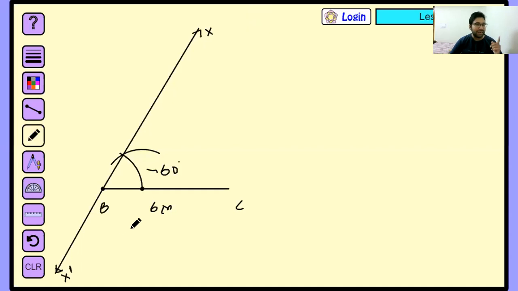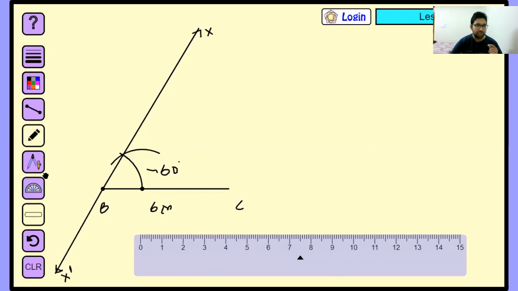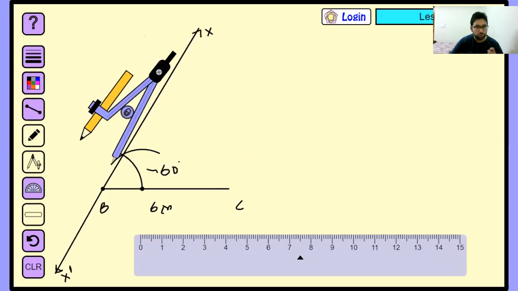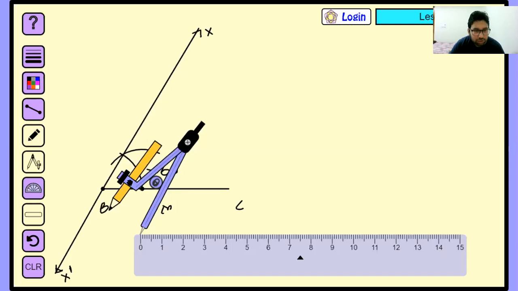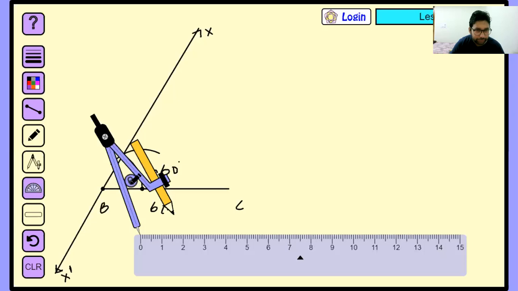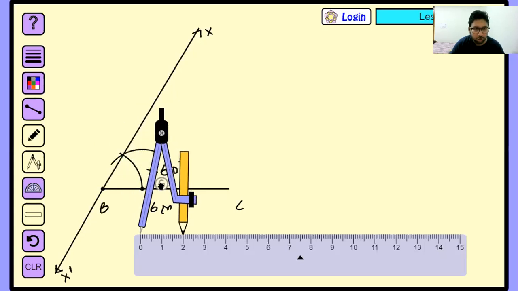Now the arc we will take downwards of how much length? Please tell me, class. The arc will be equal to the difference, that is, please tell. Yes, it is 2. So again, on the scale, I will open the compass till 2 centimeter and I will lock it.